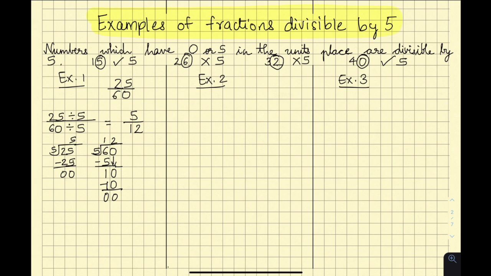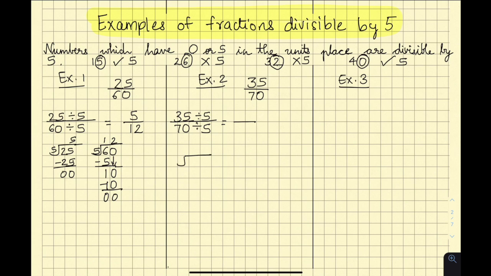Now we move on to the second example, which is 35 over 70. If you observe the numbers carefully, 35 and 70, you see in the unit place 5 and 0. So 5 and 0 means they both are divisible by 5. So 35 over 70, they both are divisible by 5. So we divide by 5.